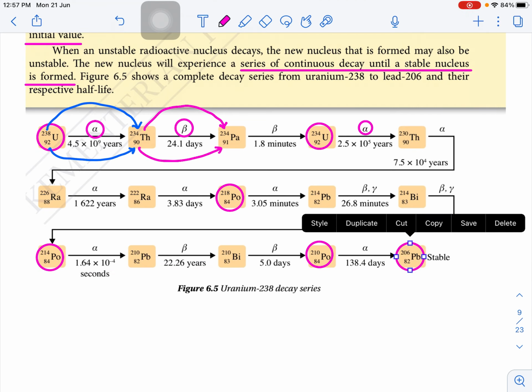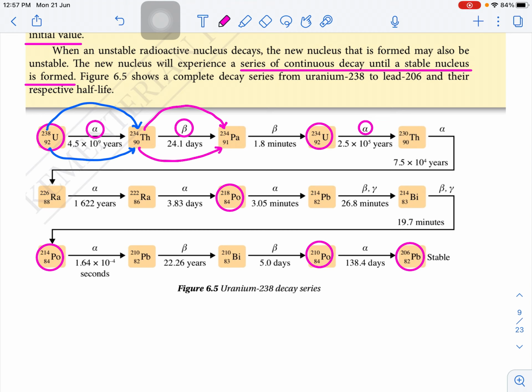So we call it lead-206. 206-82 Pb is a stable nucleus. When it reaches a stable nucleus, the process of radioactive emission will stop. But it takes a very long time to become a stable nucleus. This is what we call a decay series of a radioactive element.